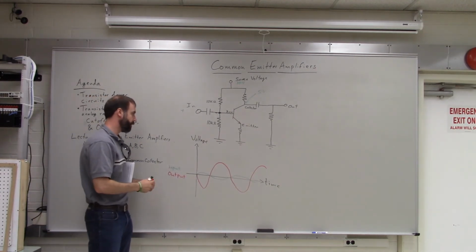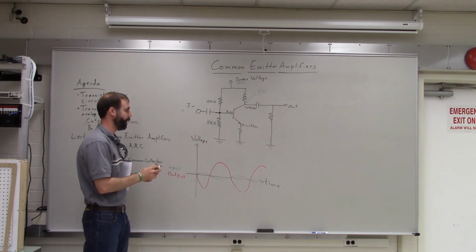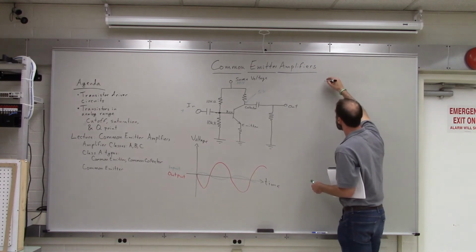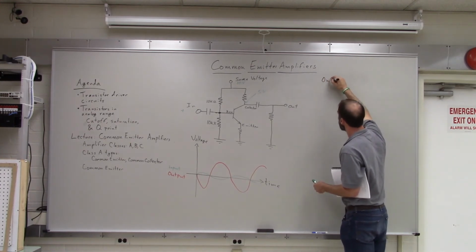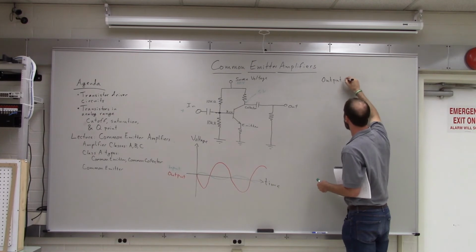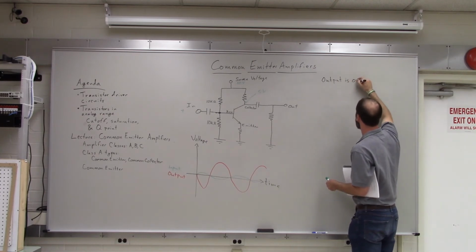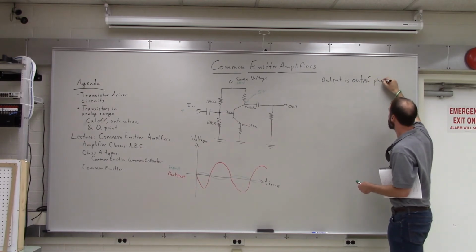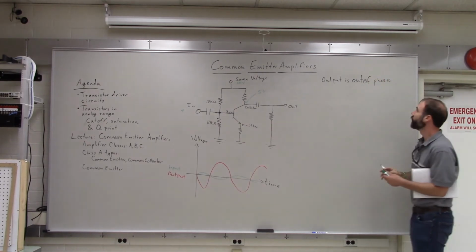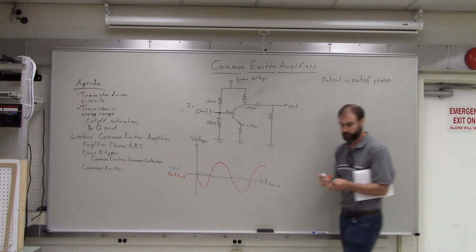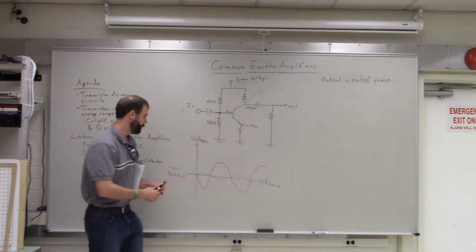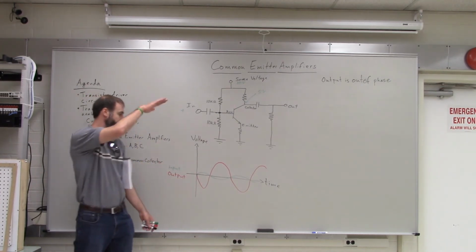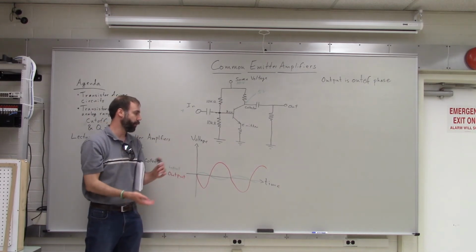So we say that for common emitter amplifiers, the output is out of phase. If they went up and down together, they would be in phase. Since they do the opposite of each other, they're out of phase.